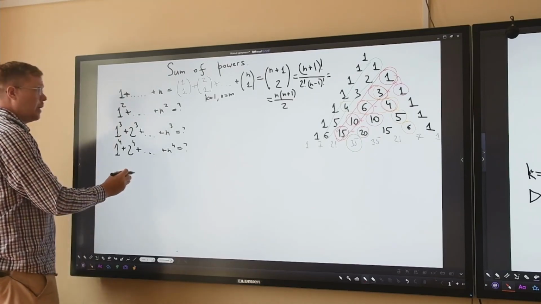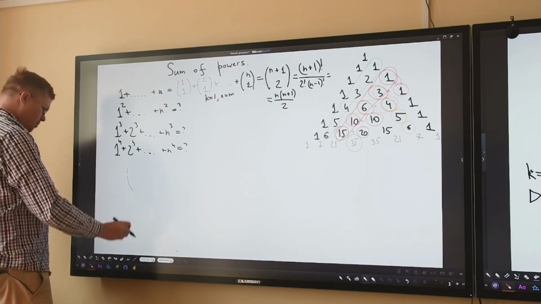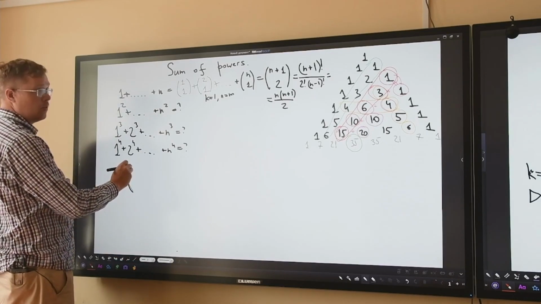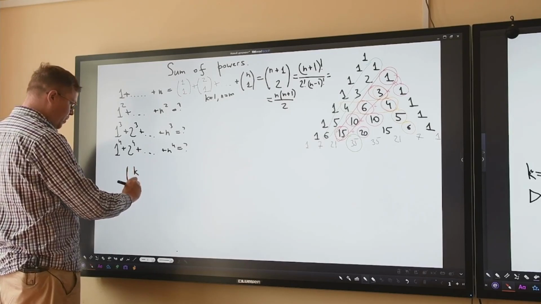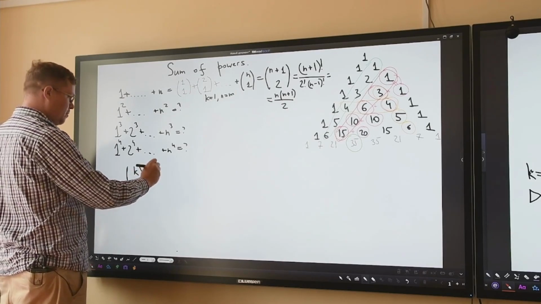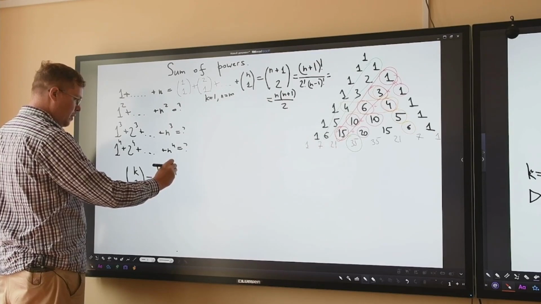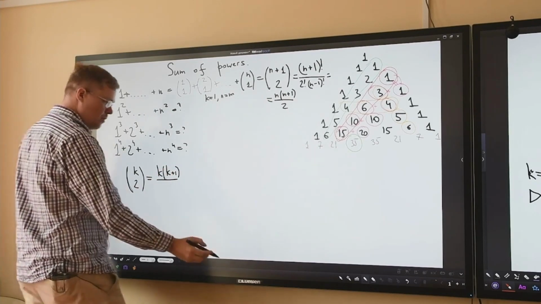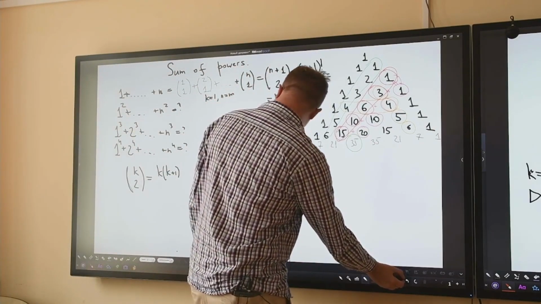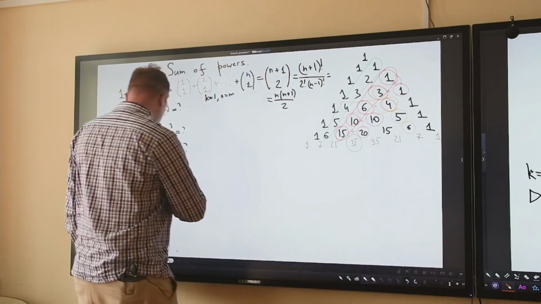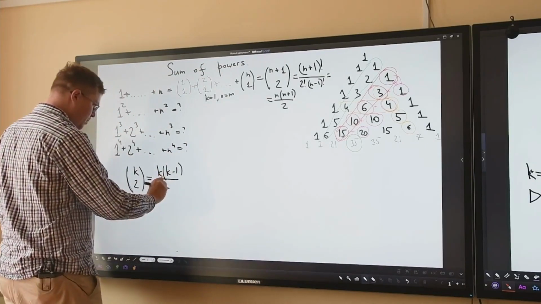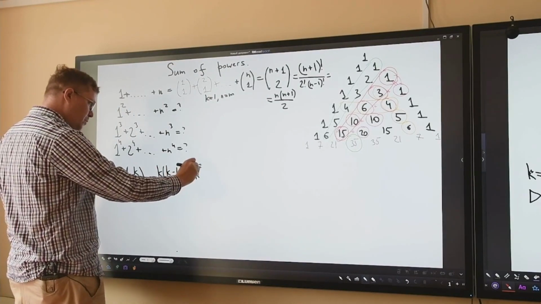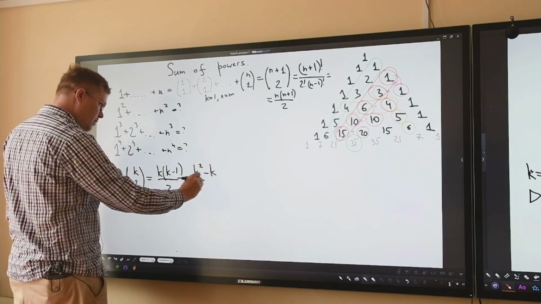So what if I look at the formula for k choose 2? k choose 2 is k times k minus 1 over 2, and this is k squared minus k over 2.